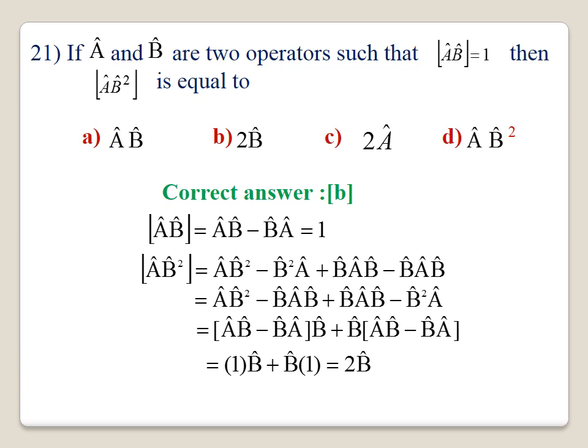Also from the third and fourth terms, you take B operator out, you will get B operator into AB minus BA. Both values are equal to 1, therefore B operator plus B operator will be equal to 2B operator. The commutator of A, B square is equal to 2B operator. B is the correct answer.